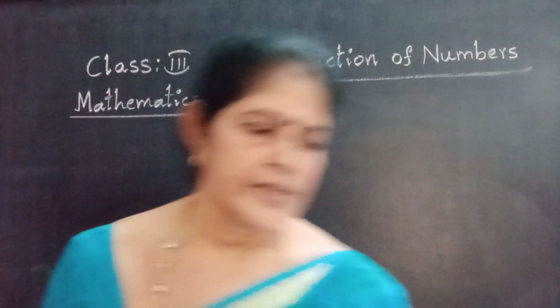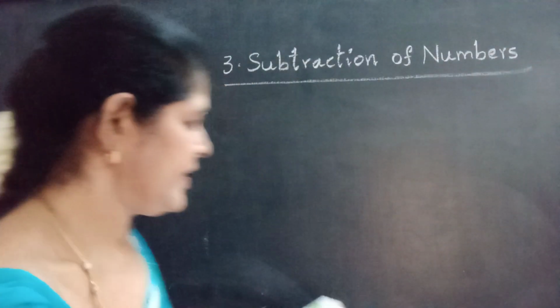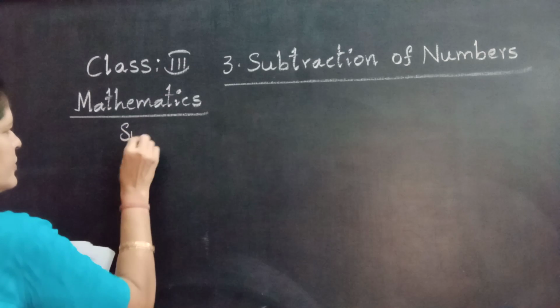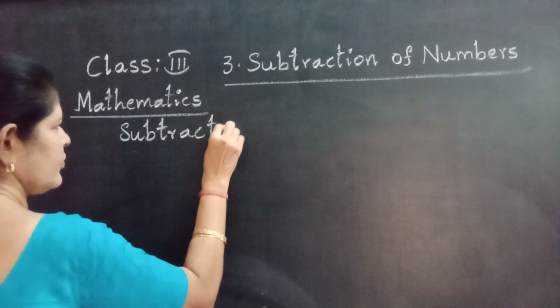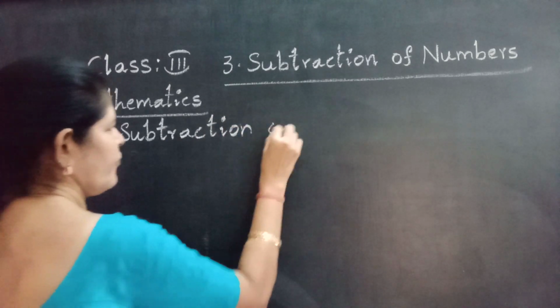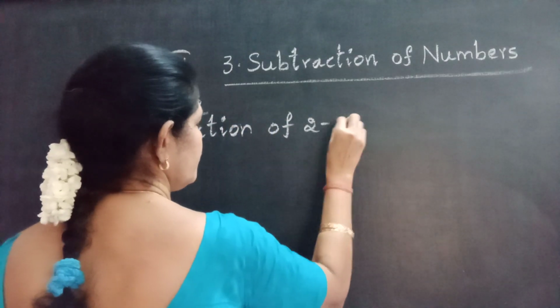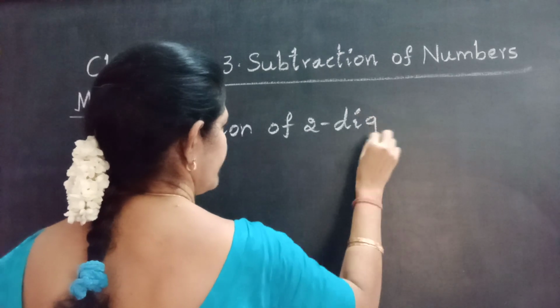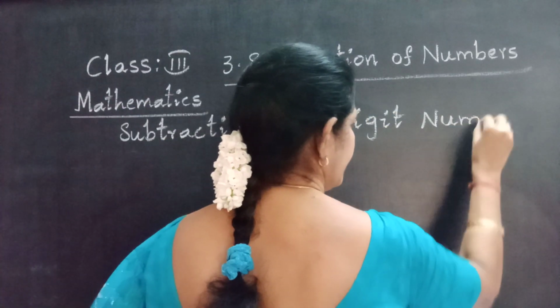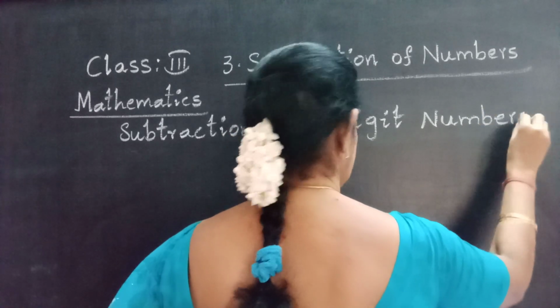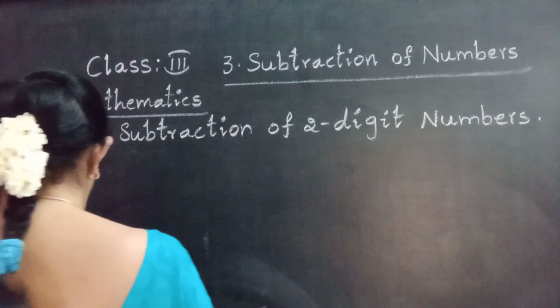Now, subtraction of 2-digit numbers. 2-digit means 10 to 99. Tens and ones.